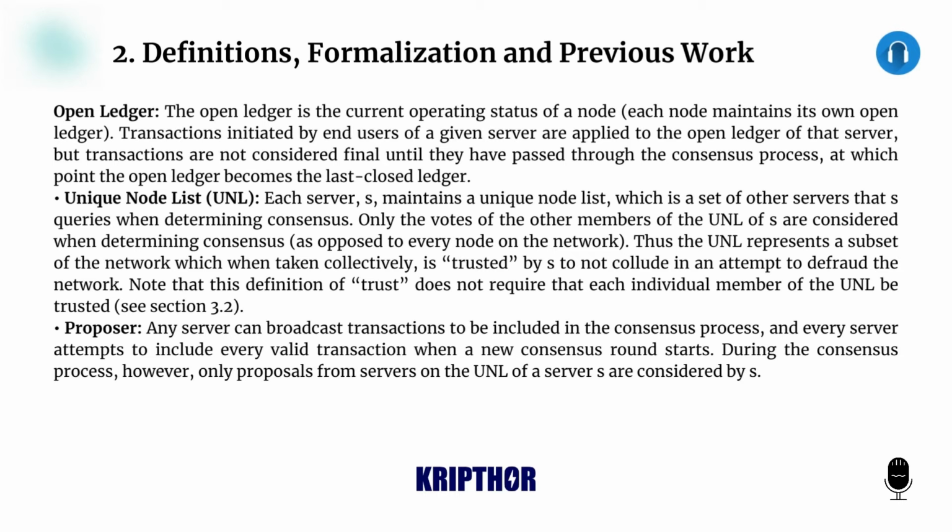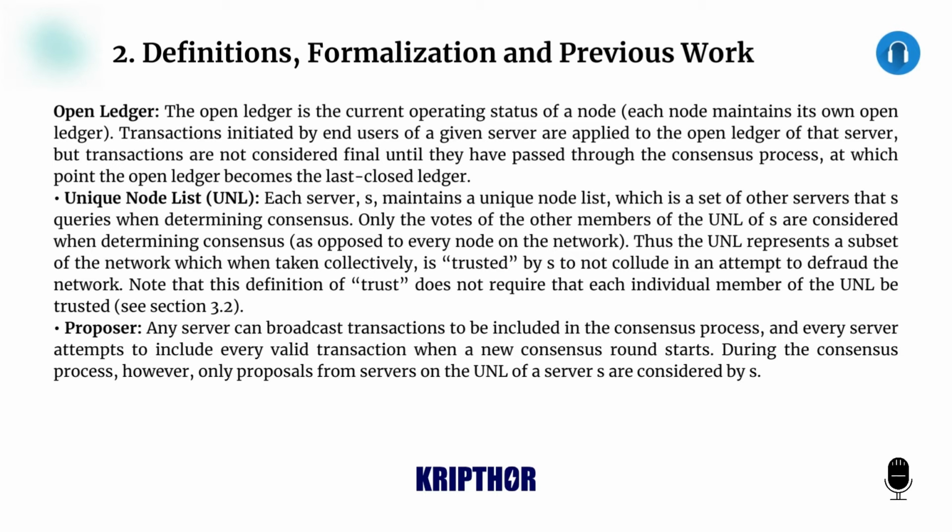Each server, S, maintains a unique node list, which is a set of other servers that S queries when determining consensus. Only the votes of the other members of the UNL of S are considered when determining consensus, as opposed to every node on the network. Thus the UNL represents a subset of the network which, when taken collectively, is trusted by S to not collude in an attempt to defraud the network.